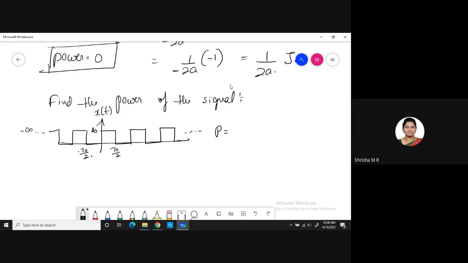What is the equation for power? 1 by T integral 0 to T, modulus of x of t whole square, or we can take one time period like this. We can take minus T by 2 to plus T by 2. You can take it from here to here, or from here to here.